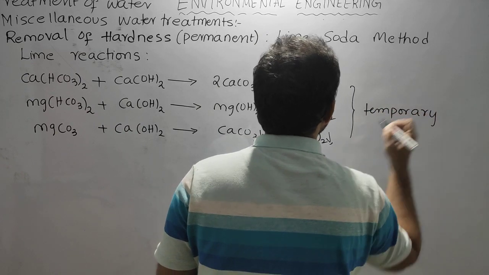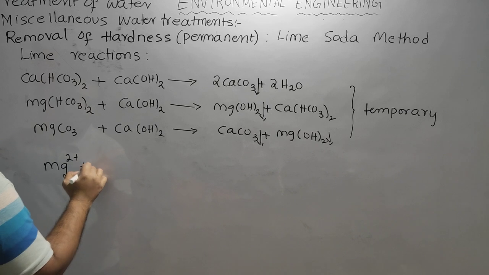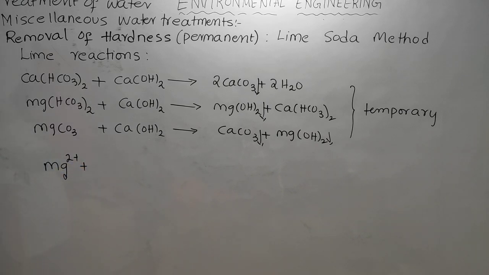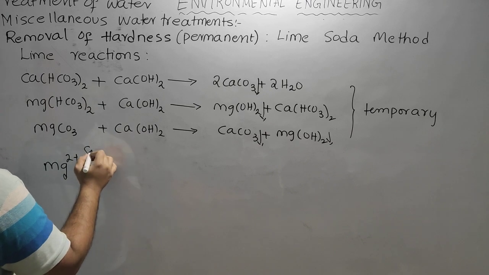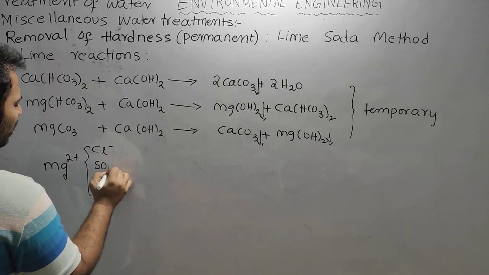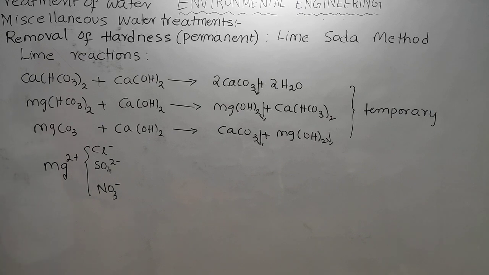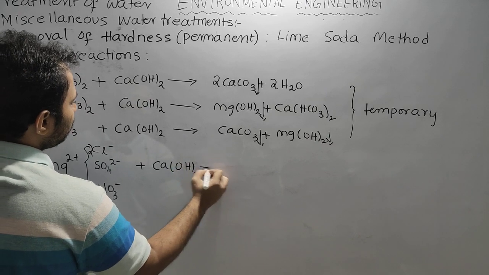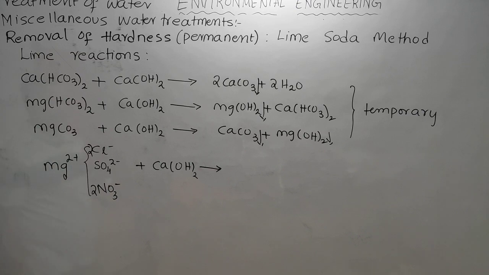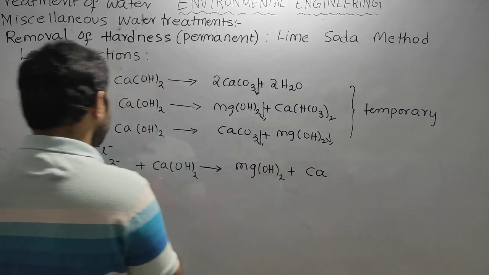If permanent hardness is also present in the form of magnesium ions, with Cl minus, SO4 2 minus and NO3 minus, so magnesium in any form, and we add hydrated lime, it becomes Mg(OH)2 and the ions of calcium.